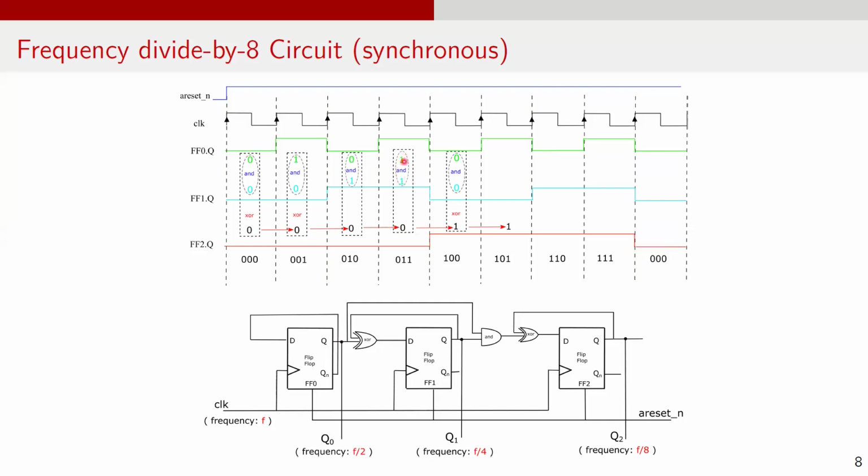The AND of these two is 1. This 1 XORed with ff2q gives a 1, and this is why ff2q toggles to 1 at the next rising edge. Thus, by connecting ff0q ANDed with ff1q and XORed with ff2q to the D input of the ff2 flop, we obtain the synchronous divide by 8 circuit.